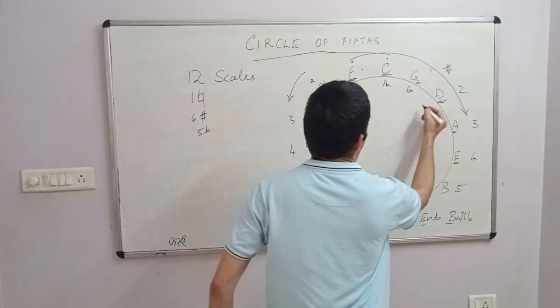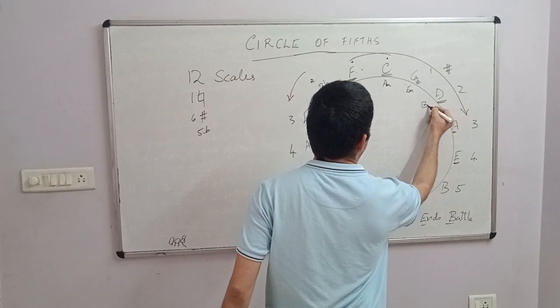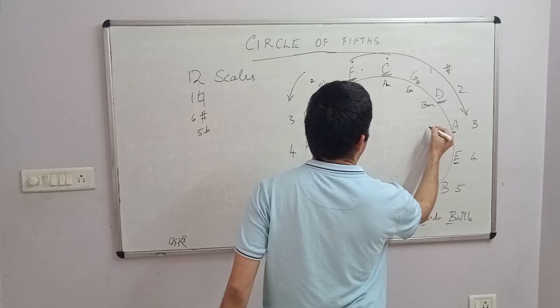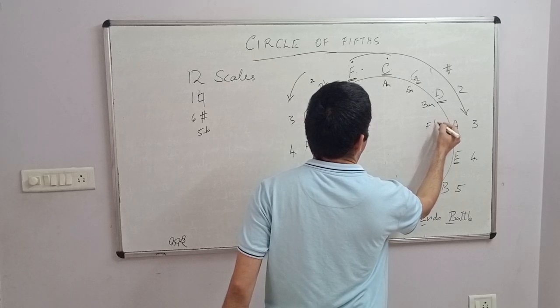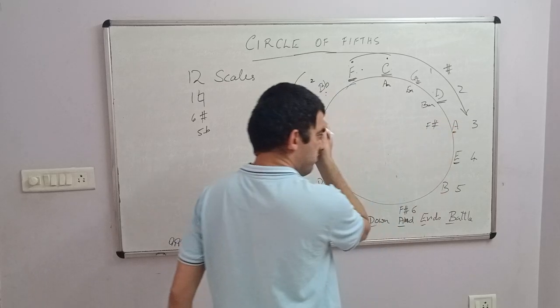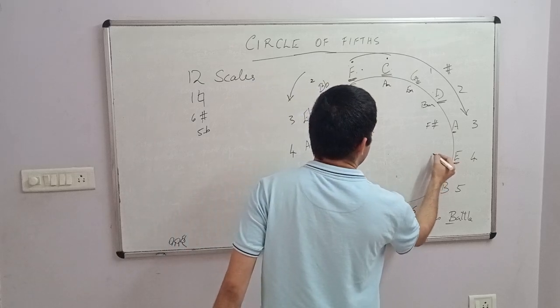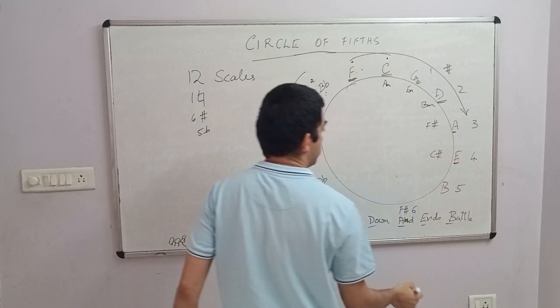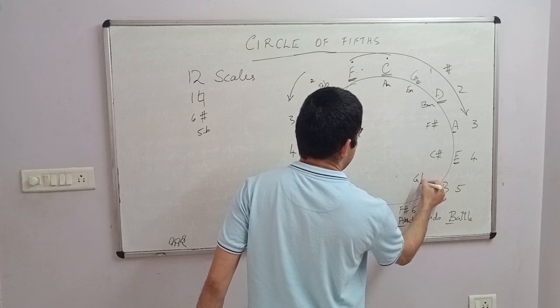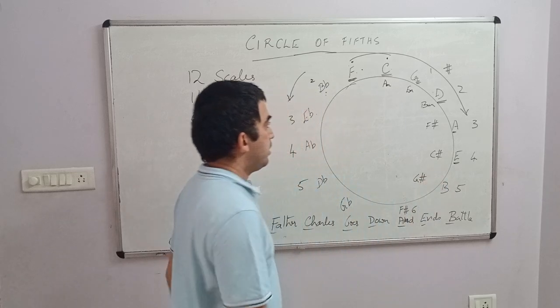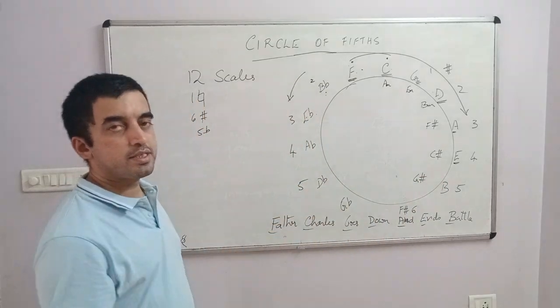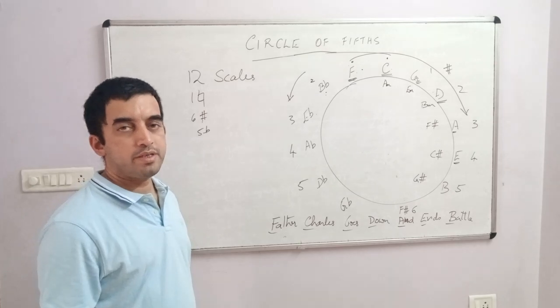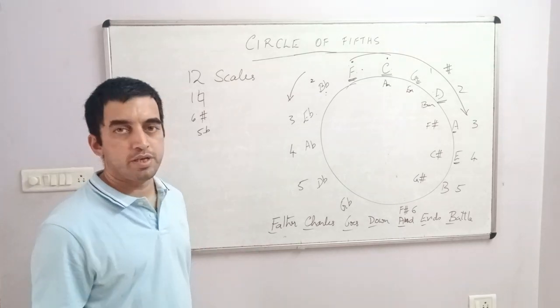Okay, same way you will have B minor, then this will be F sharp minor, okay, this will be C sharp minor, and this will be G sharp minor. Okay, I wanted you to complete the circle of the minor scales and let me know how you have done it, and then we can check and see whether you are doing it right.